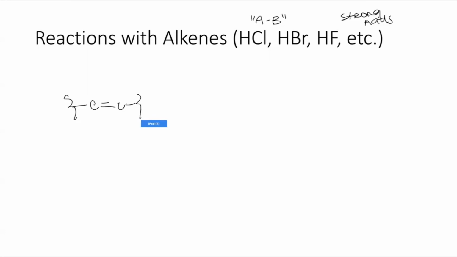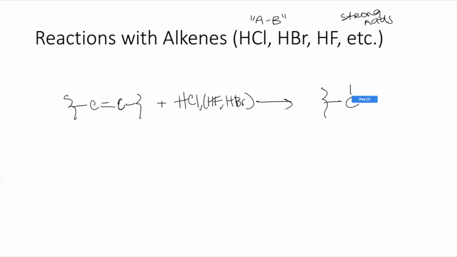We have an alkene bond, but now we're going to add HCl, or again, this can be HF or HBr, right? Doesn't matter. And then we're going to break that double bond and a hydrogen atom, and then whatever else is present, in this case chlorine, is going to put itself onto the structure. Again, implied hydrogens.